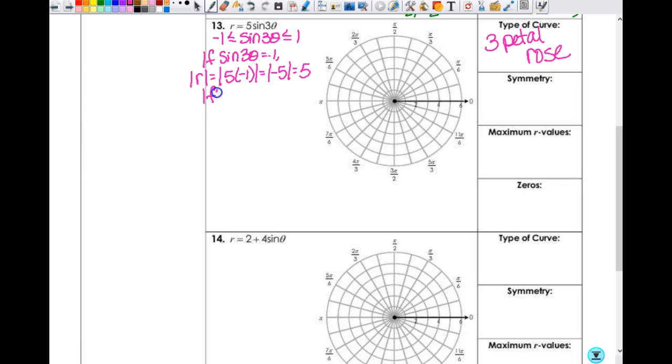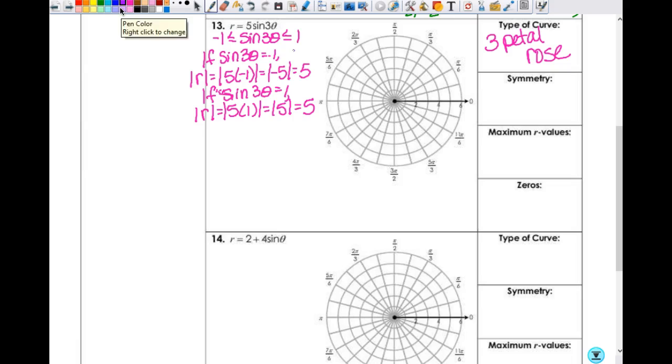Then if sine 3 theta is equal to 1, the absolute value of r is equal to 5 times 1, which is the absolute value of 5, which is 5. Okay. So I have to do it twice.